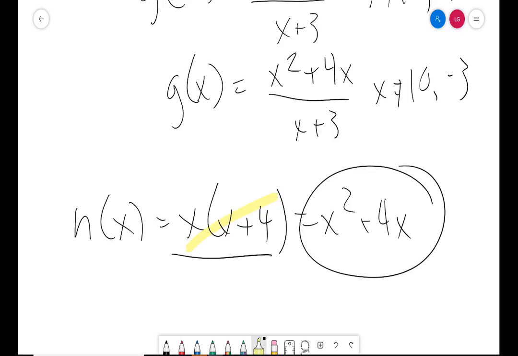So in other words, doing a distributed multiplication simplifies a polynomial.